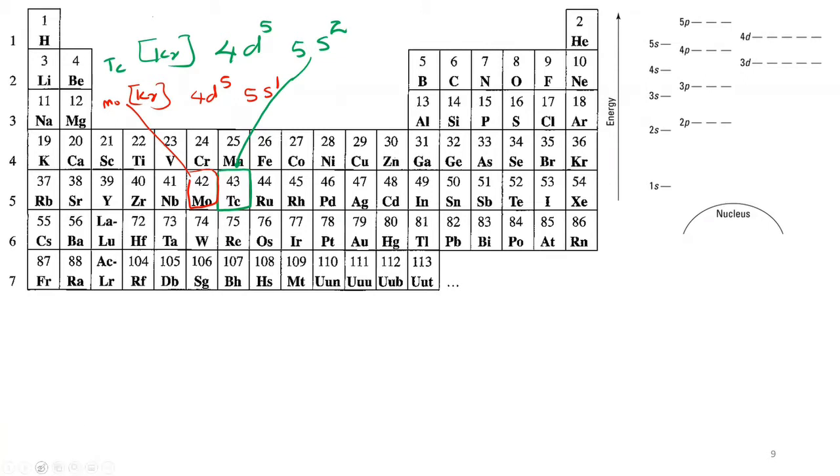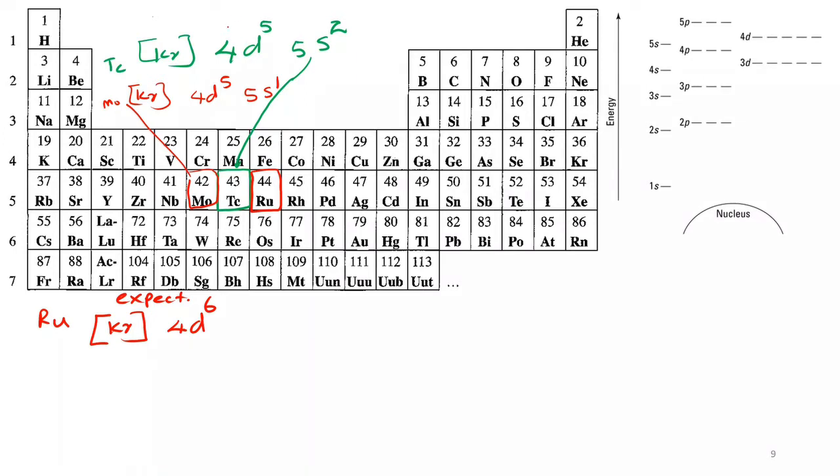Next element is ruthenium. Now for ruthenium, you would expect something like this. Why? Because you have technetium with 4d5 and your s orbital is completely filled.